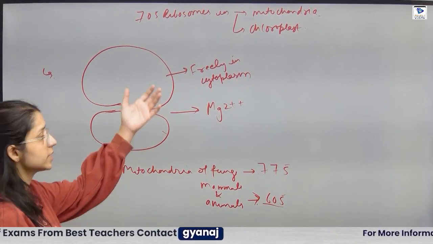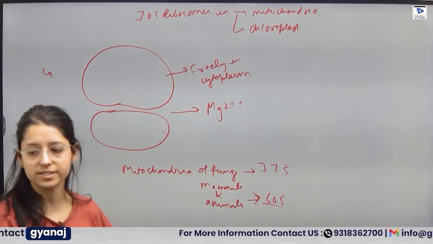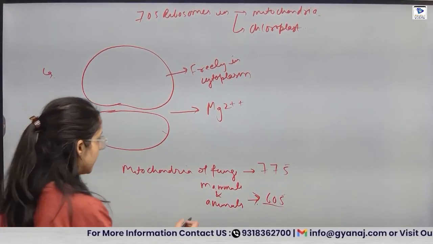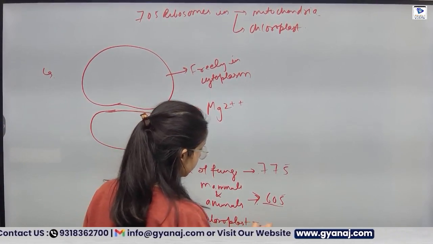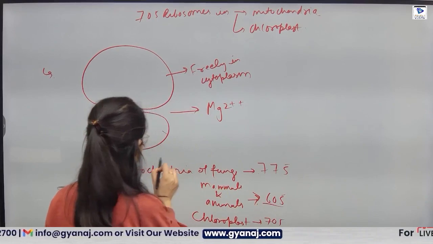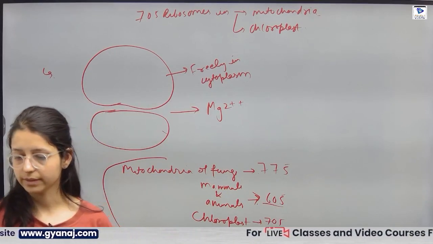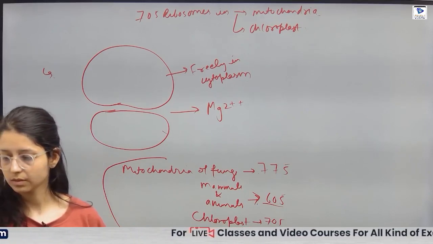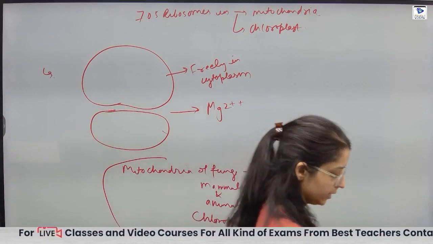As we used to study in lower classes that 70S is present, but it varies in each and every cell. And in the ribosomes of chloroplast, it is 70S. You need to remember this. So this is all about the units that we discussed.